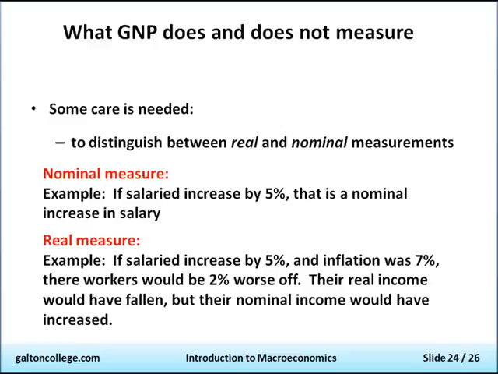However, when we consider real measures, if salaries increased by 5% and inflation was 7%, the workers would be worse off by 2%. Prices have gone up by 7%, they've received an extra 5%, so they're 2% worse off. Their real income would have fallen, but their nominal income would have gone up by 5%. So there is a difference between real and nominal.